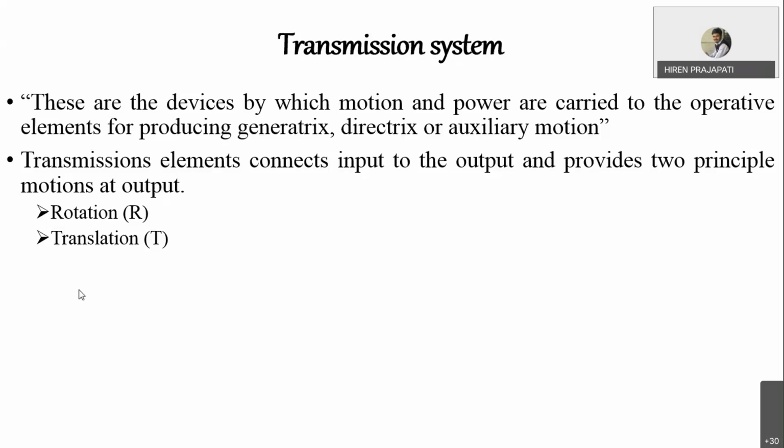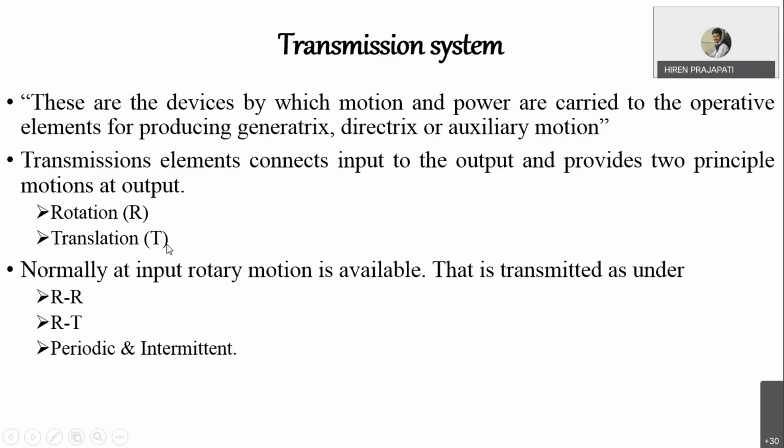So the rotation of the motor is transmitted to the chuck to get rotation, and transmitted to get a longitudinal feed on the carriage. So that is translation motion.